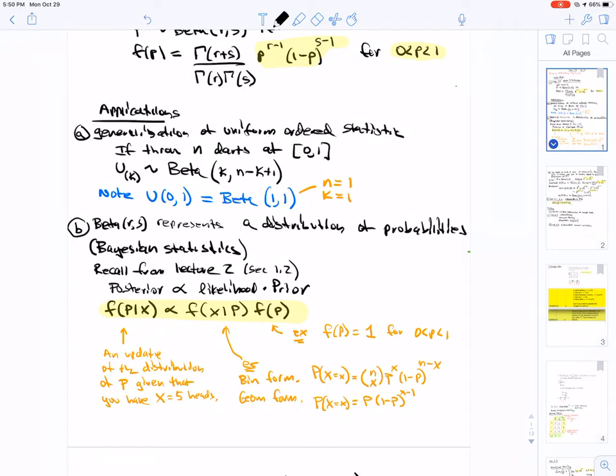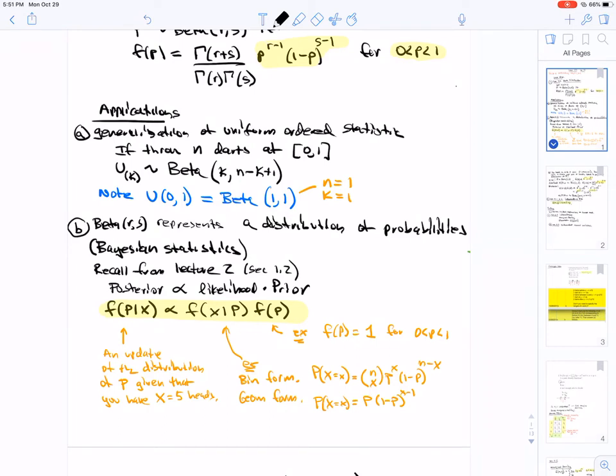You start with some prior belief of what that distribution is. You have a likelihood, like a binomial formula, which gives you a rule for the probability of getting different values of your random variable. And then you have a posterior, which is an updated probability distribution given results from an experiment.